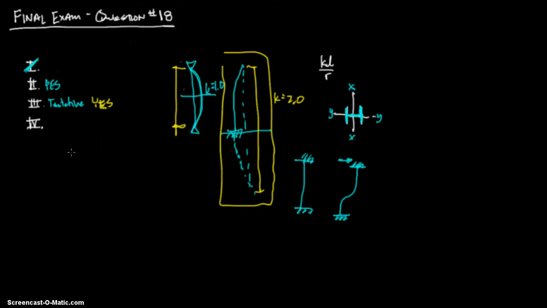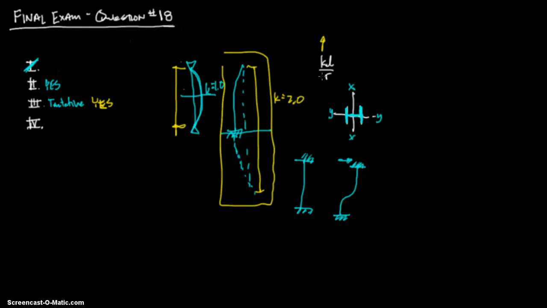All right, number 4. An increase in the value of K results in a decrease in the column load capacity. So if K goes up, that means KL over R is going to go up. And when KL over R goes up, it does result in a decrease. So that's true.